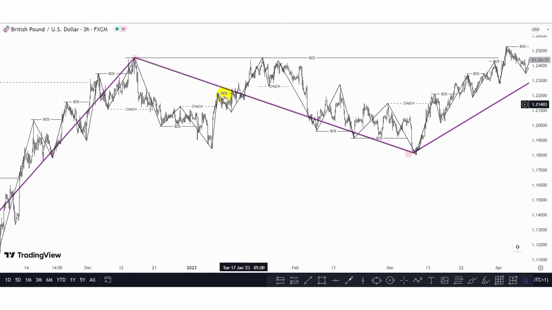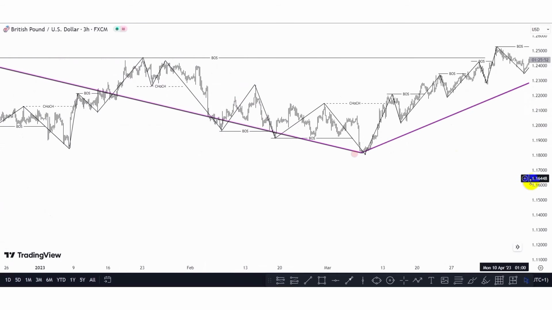So you can see here, the pullback leg gives us a change in market character. Broke structure, but then price again pushed to the upside to cut the swing high, and then we have a change in character that aligns to the major market structure.